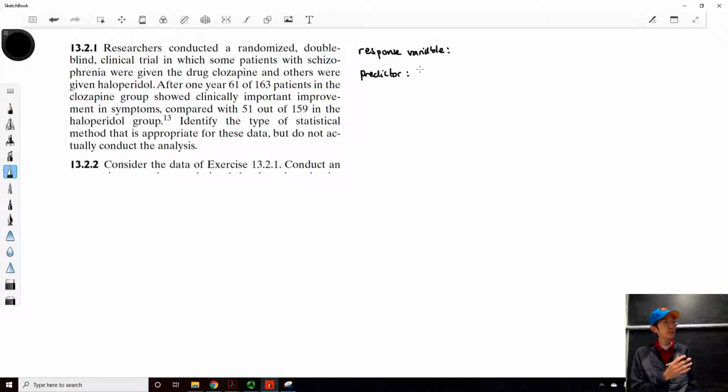Okay, so what are we hoping to identify, or what are we hoping to find in our study here? If the medication is helpful, right? Like which medication is better, right? And how did we decide if something was better or not? What did we want to see?